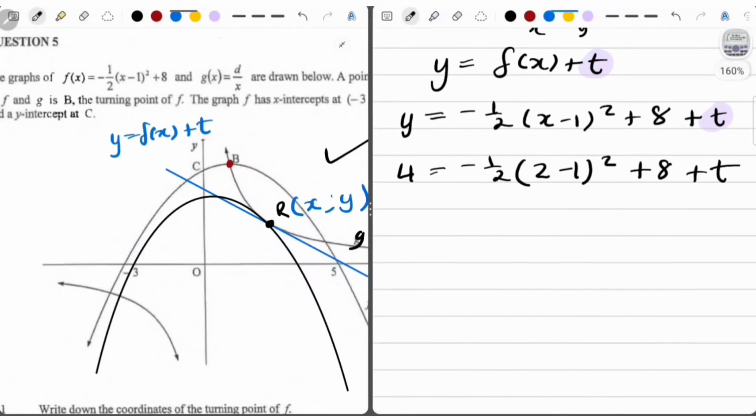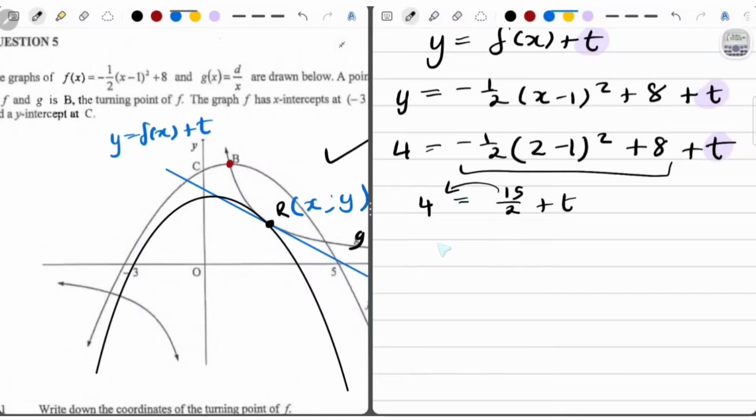Okay, great. I see numbers all through here. I'll just simplify that and find out what that is going to be. And there I get 15 over 2 plus t. And this is 4. And then I'm just going to take 4 minus 15 over 2.